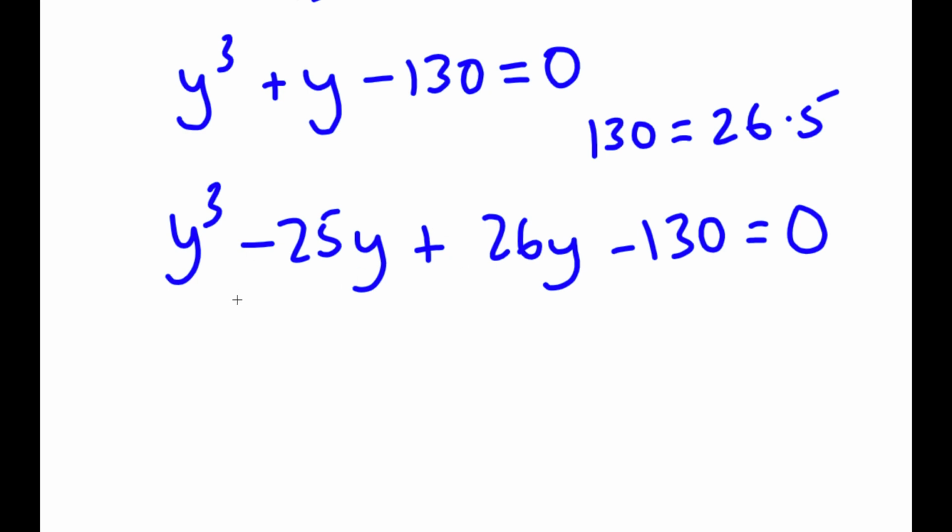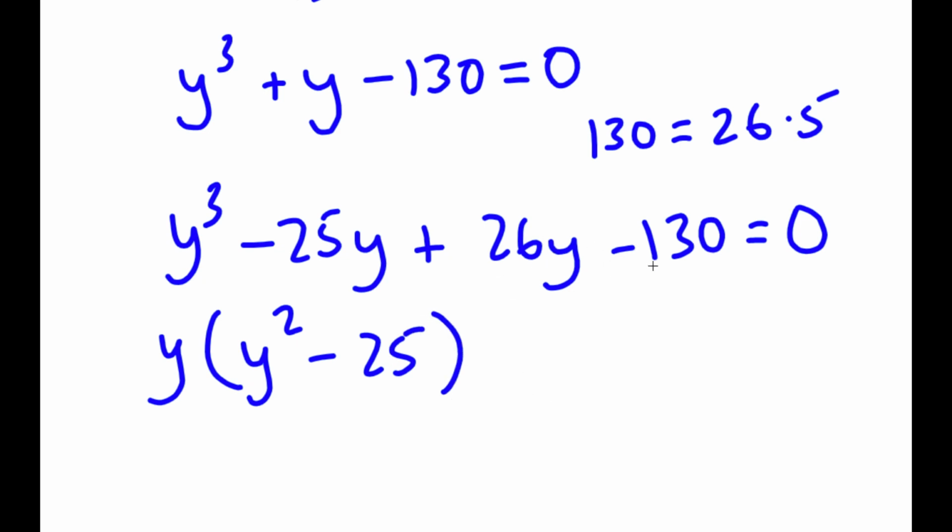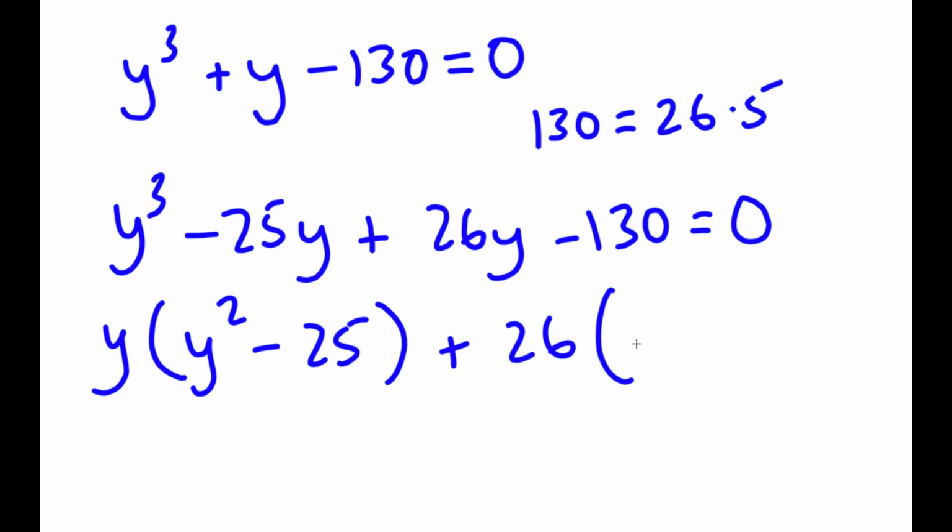So first off, from y to the power of 3 minus 25y, I will factor out y. So now I have y times y squared minus 25, since y to the power of 3 divided by y is y squared and 25y divided by y is simply 25. Now from 26y minus 130, I'm going to be factoring out 26. So now I have plus 26 times y minus 5.